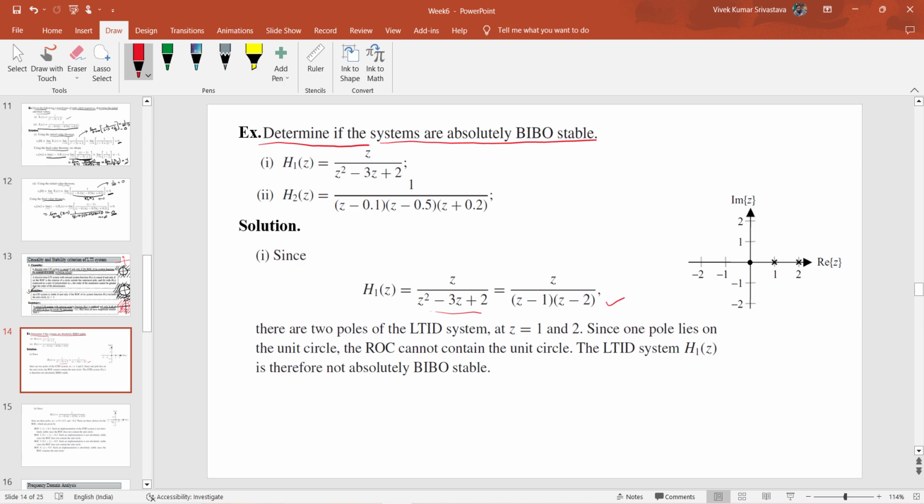If we plot the poles in the z plane, one pole is at z equals 1, whereas the other pole is at z equals 2. If you draw the ROC, it is greater than the z equals 2 circle, which means it does not contain the unit circle. That's why this system is not BIBO stable.